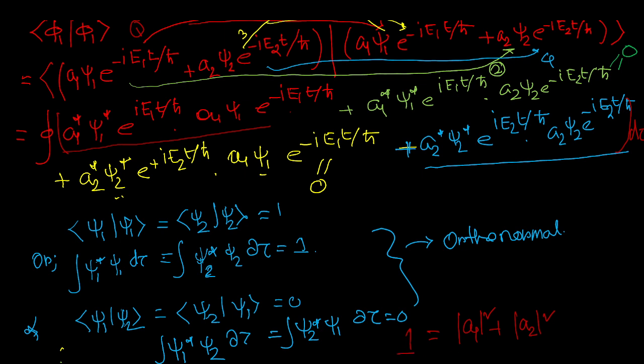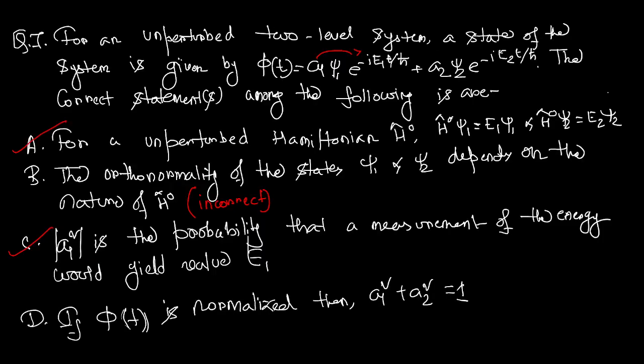So the answer is correct. If psi t is a superposition of two states 1 and 2 and psi t is normalized, then the summation of the probabilities of states 1 and 2 will give you 1.